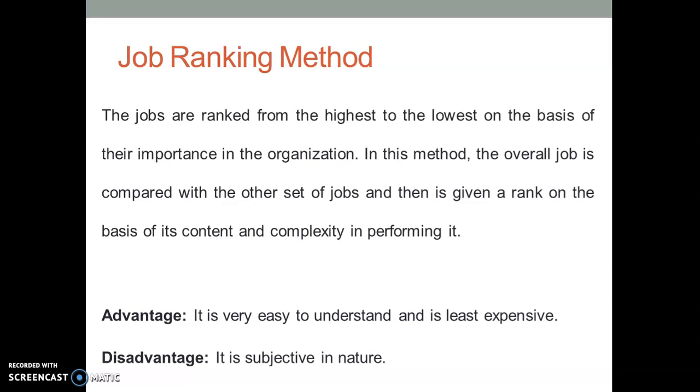Ranking the jobs within the organization means we want to create an order of which job, as per the compensation dimension, stays higher in position and which job stays lower in position. So we create the hierarchical order of job profiles with reference to their importance within the organization for compensation purposes.